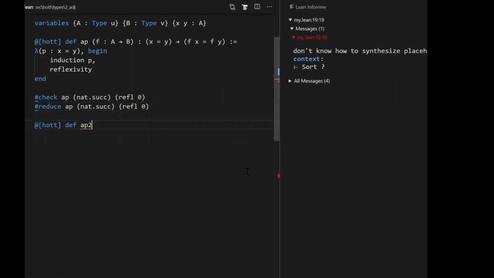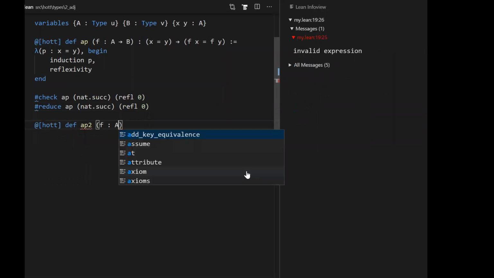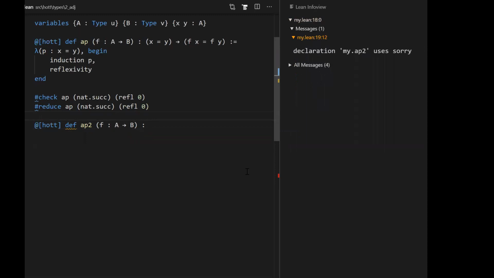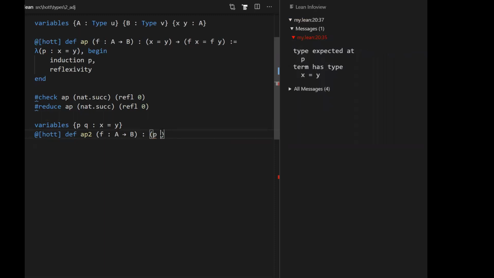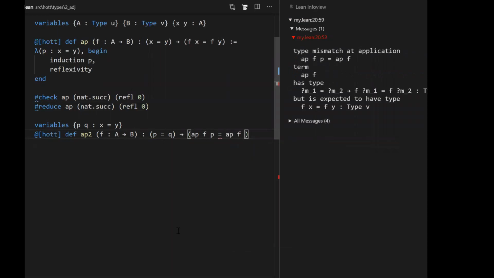We call this AP2 for a function f from A to B. Well, first let's introduce these two paths to our context here. So if I have two paths, p and q, then I want a function of this type.